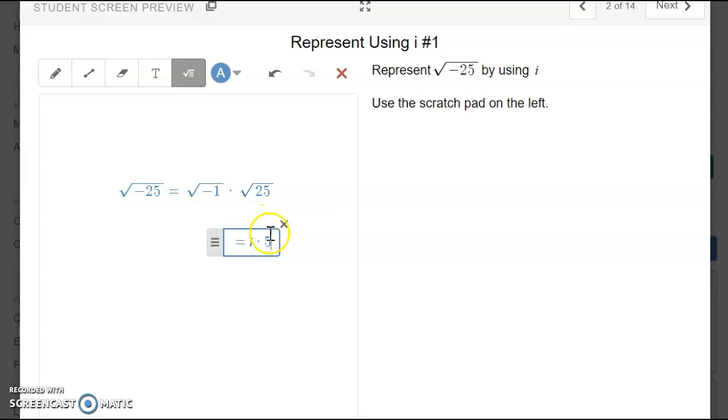So that is the same as writing equals 5i.